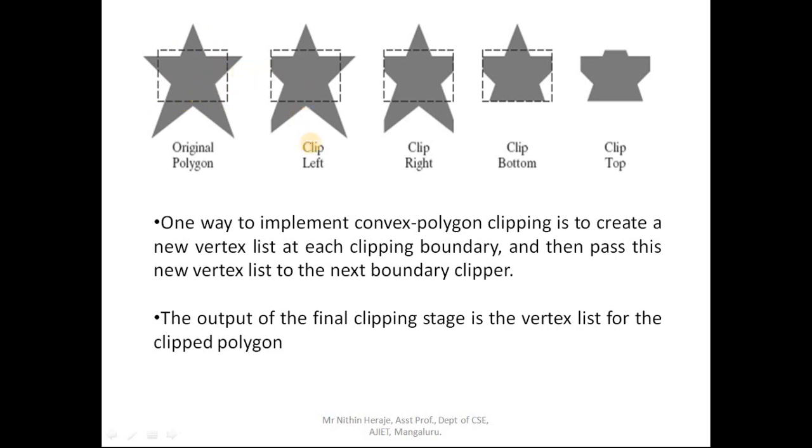First we are going through the left clipping. Left clipping means you have to take this extension. When the left side of the window is extended, this is how it looks.